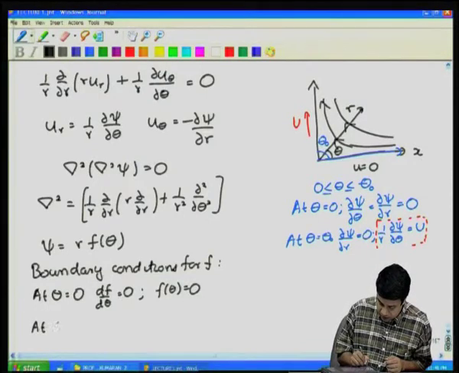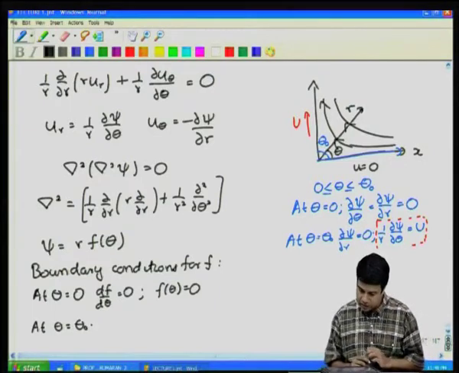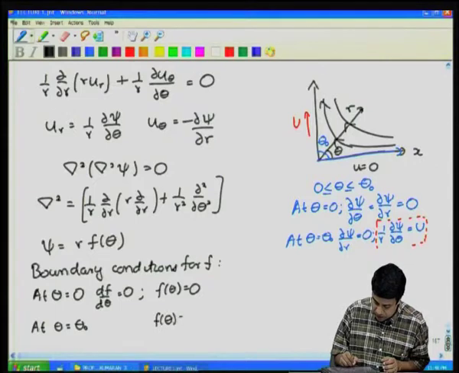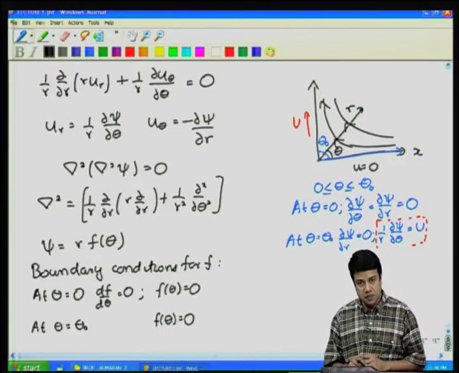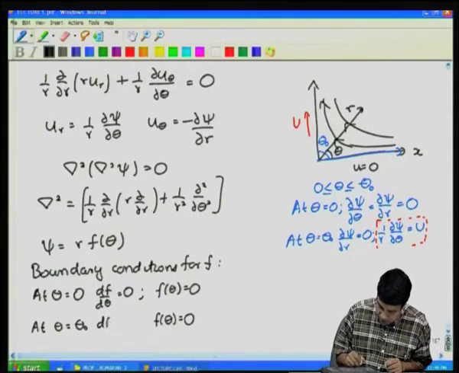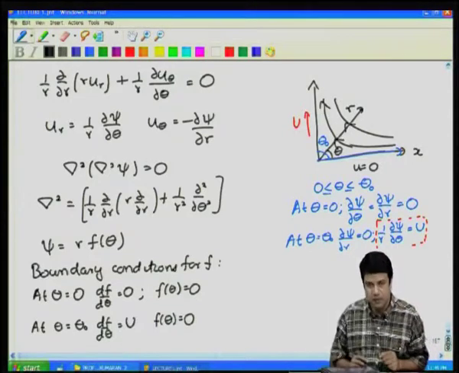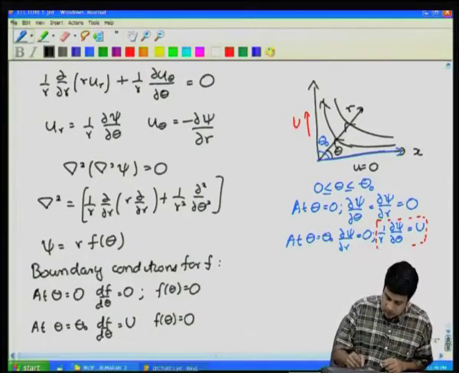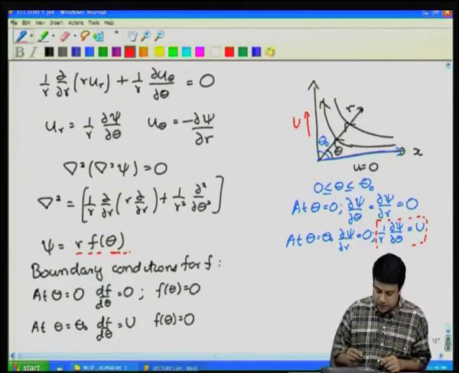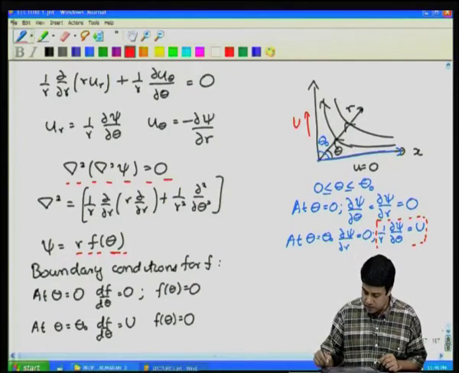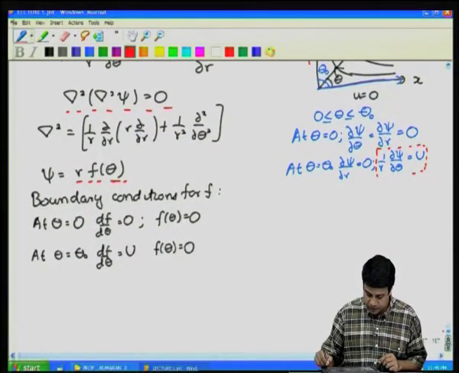At theta is equal to theta naught, partial psi by partial r is still equal to 0, because u theta is equal to 0. Therefore, f of theta is equal to 0, and 1 by r partial psi by partial theta is just df by d theta. This is equal to capital U. So, those are the boundary conditions for f. I substitute this form into this biharmonic equation, and then obtain an equation for f of theta.